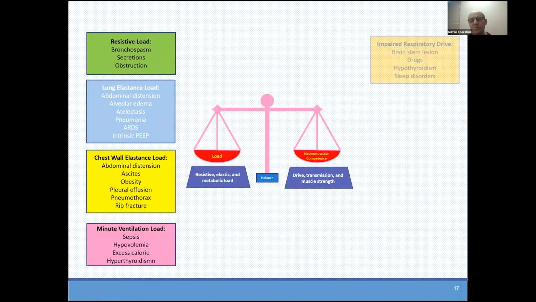On the other hand, you may have a problem with the neuromuscular competence. You have a normal load here, but the neuromuscular competence is actually deranged.